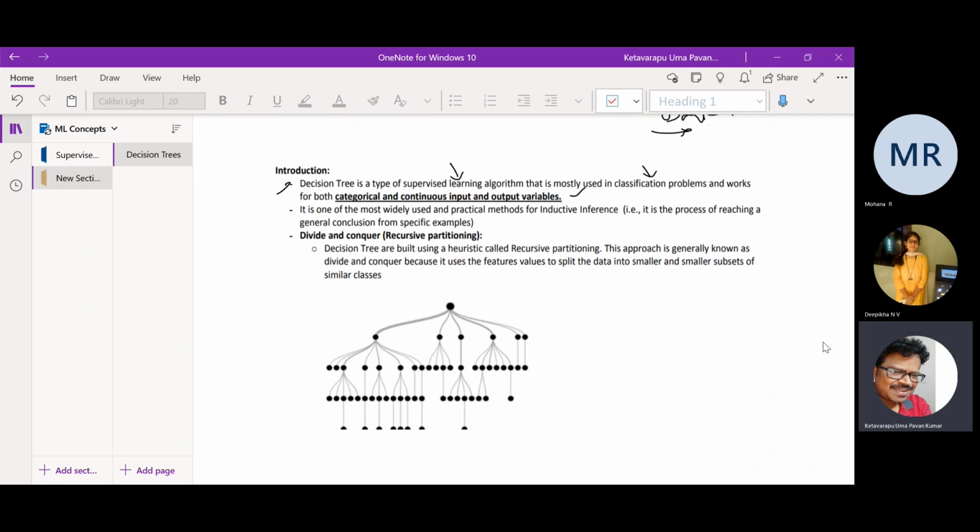So the main benefit of this decision tree usage is that no matter whether I'm using continuous variables such as numbers or categorical yes or no, true or false kinds of categories. And as I said, it is helpful for both classification problems and regression problems also.